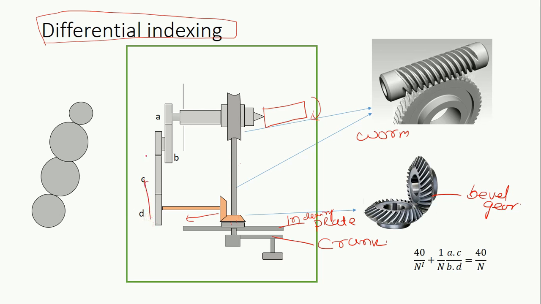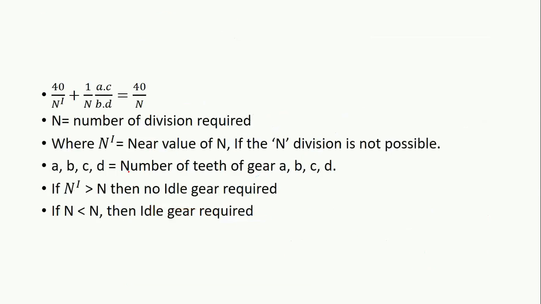Power will be transmitted here again. Through the bevel gear, we have to rotate the workpiece again. Means what is happening here? The workpiece is rotated directly with the help of the worm and worm gear, and through the gear arrangement.